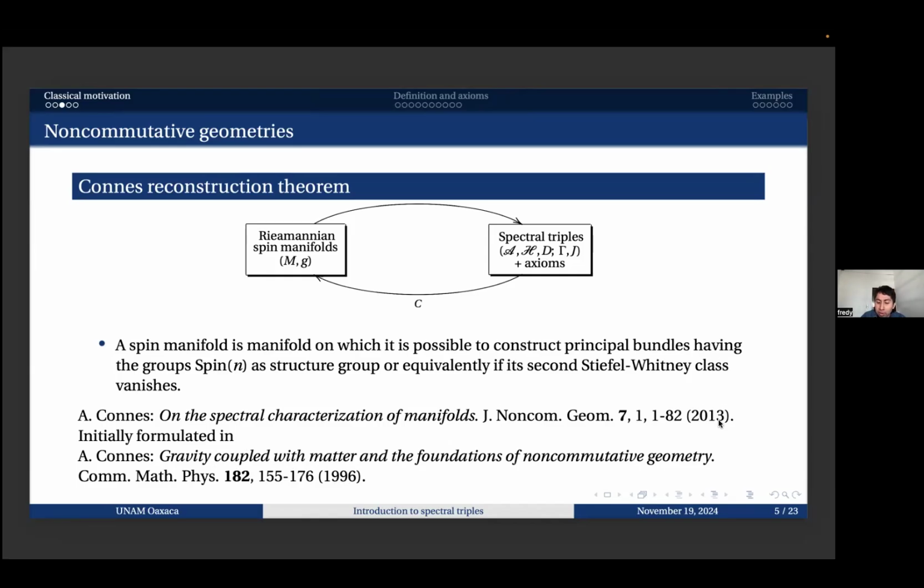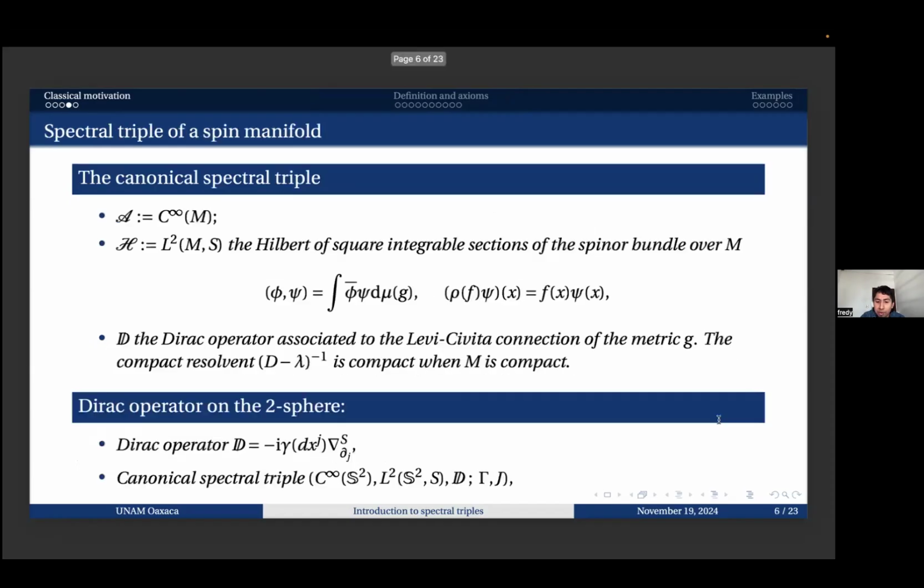Now I want to give the precise definition. As I already said before, for the spin manifold, we have the canonical spectral triple, where A is the C infinity, the smooth functions of the manifold.